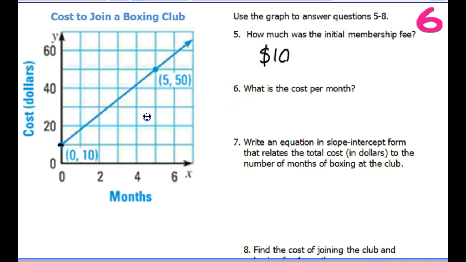The cost per month then is we are trying to find how many steps did it take to get here. Well, if we started at 10 and at 5 months we were at 50, we are going to do 50 divided by 10.